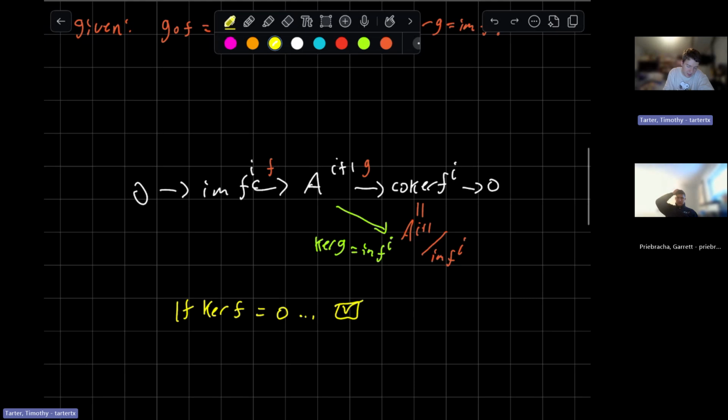Well, we know that this map H has kernel of everything.